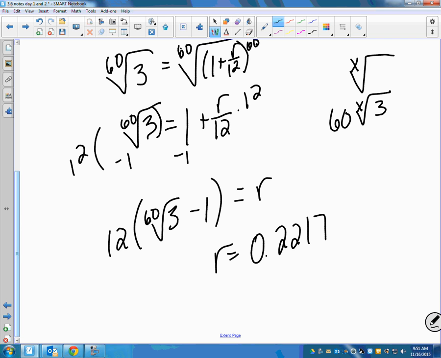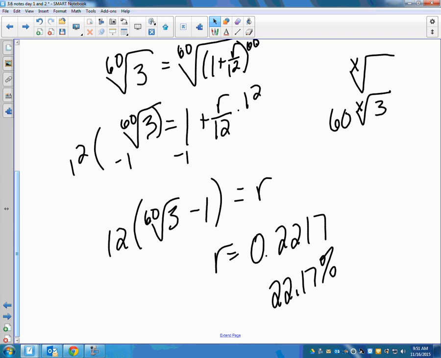If we change that to a percentage, that's saying that if you want to triple your money in 5 years, you have to have a 22% interest rate. The only thing that ever has a 22% interest rate is a credit card. Which means if you're trying to invest money, you're going to have to invest somewhere else, or have more money, or do something differently, because there's not going to be anything that gives you a 22% payout on that.